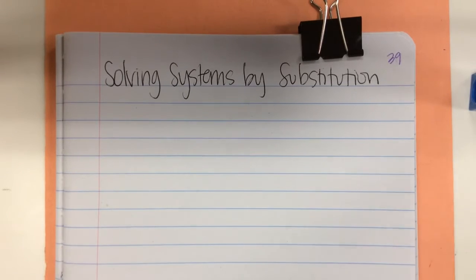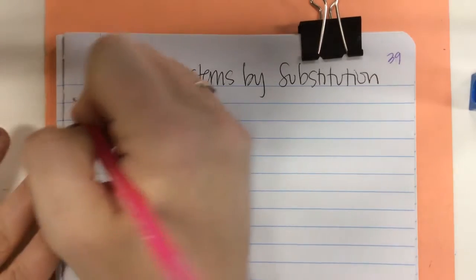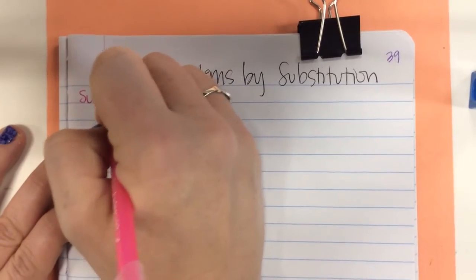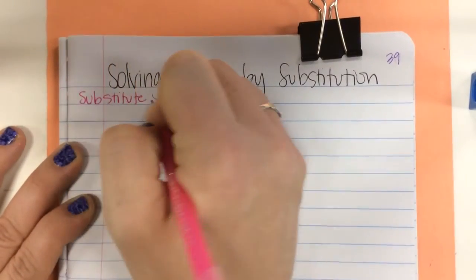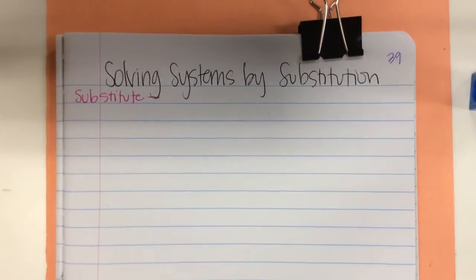All right, solving systems by substitution. What does it mean in algebra when I tell you to substitute? Corbin, what does it mean? Yeah, I'm going to put something in a spot, right?